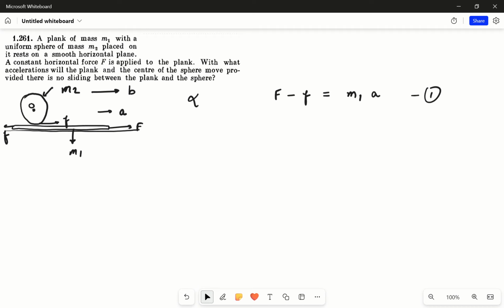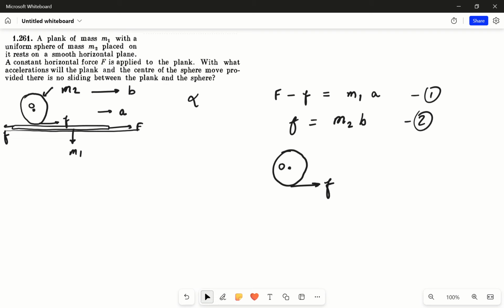Writing the linear equation on the sphere, what we can say is f, that is friction, is equal to the mass of the sphere into the acceleration of the sphere, f = m2 b. This is the second equation, right? And where will we get the third equation? We will get it from the torque equation about point O.